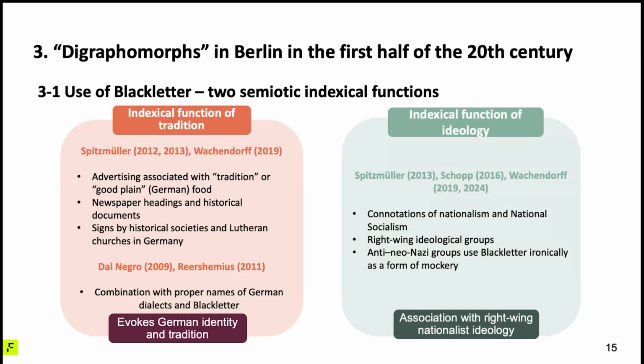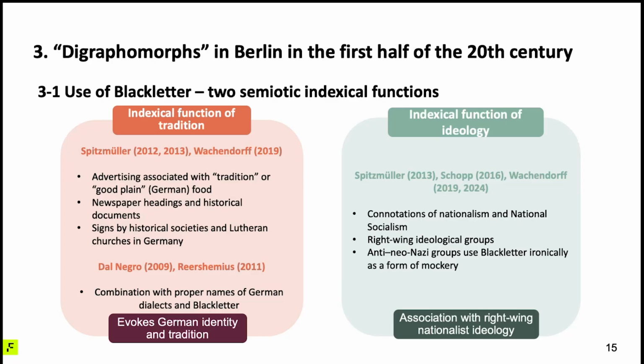Previous research has identified two main lexical functions of the Blackletter. The first is tradition, evoking German identity through contexts such as traditional food advertising and newspaper titles. The second is ideology.